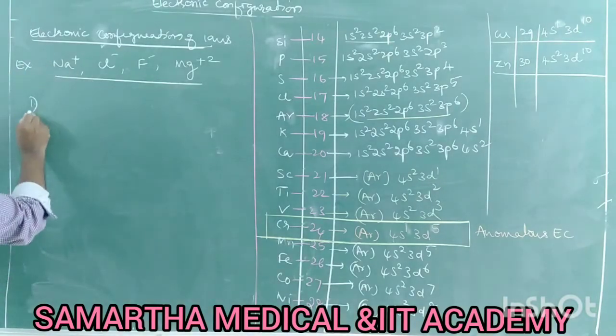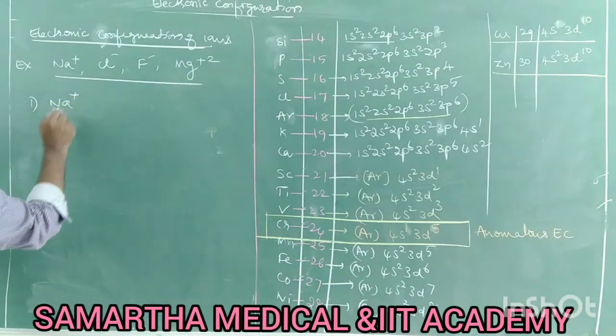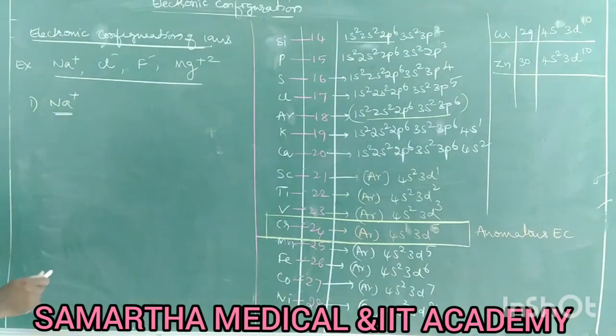Let us take the first example, Na plus. Now I want to write the electronic configuration of Na plus. Students, if you want to write the Na plus electronic configuration, you must identify how many electrons are there.